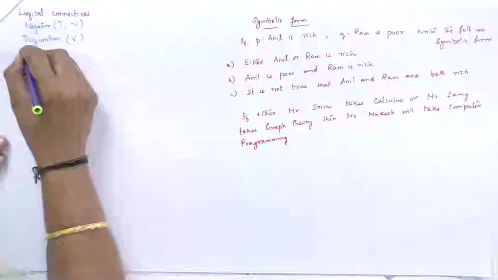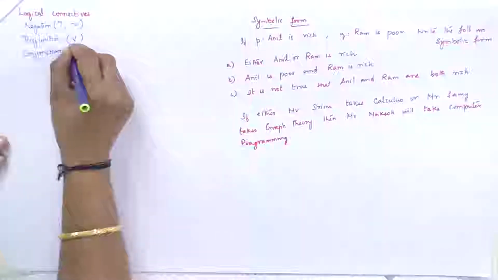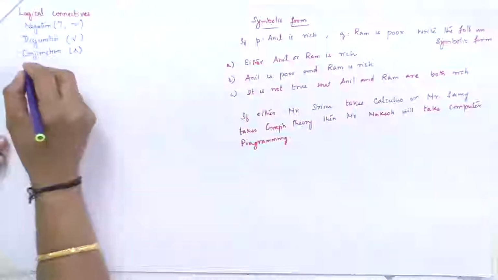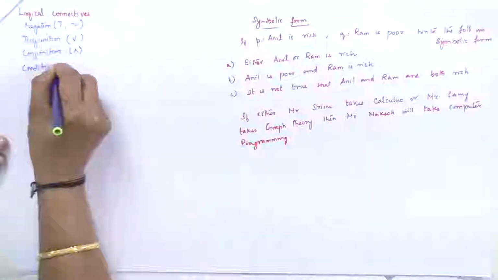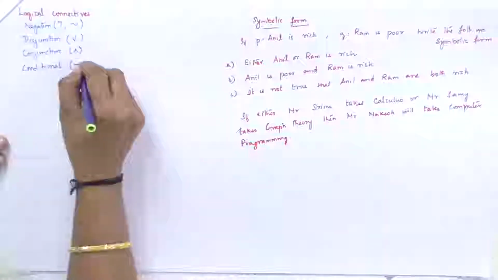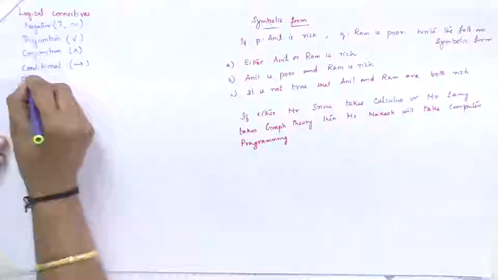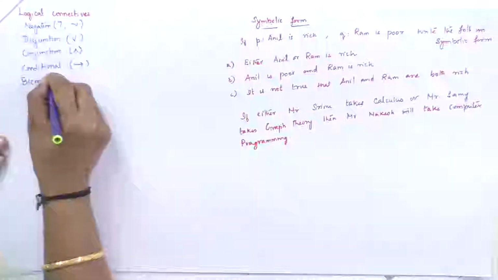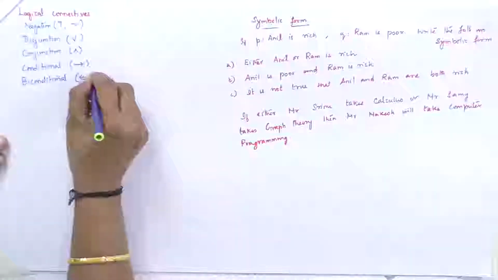Next we have conjunction, which is denoted with the and symbol. Next we have the conditional connective, denoted by if and then. Finally we have biconditional, which is if and only if.